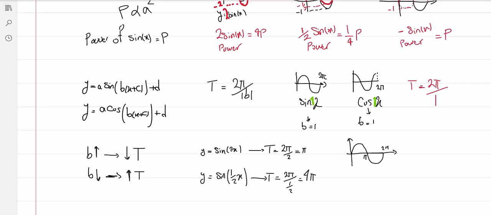So what I would do now is compress this function. As you see here, I'm gonna compress it till we get to pi. As you can see in here, this function has completed its full cycle at pi. So this is the function for sine of 2x because it has completed its full cycle at t equals pi.